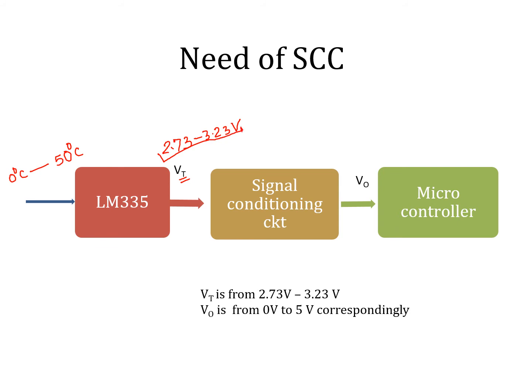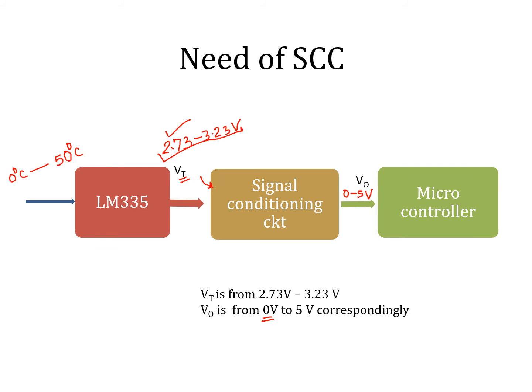Whenever the Vt is 2.73 volts, the output of this circuit should be 0 volt, and whenever we have 3.23 volt input to this signal conditioning circuit, the output should be 5 volts. So this range should be 0 to 5 volt.